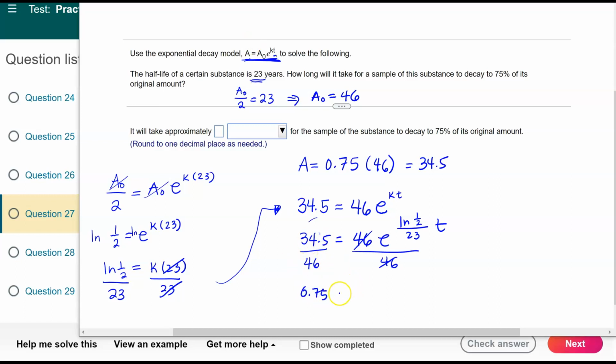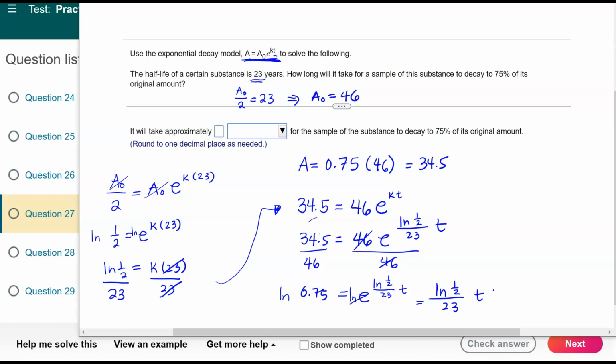So 0.75 is equal to e to the ln of 1/2 over 23 times t. Now you take the ln of both sides. This side of the equation becomes, that cancels, so that becomes ln of 1/2 over 23 times t. And this is ln of 0.75.